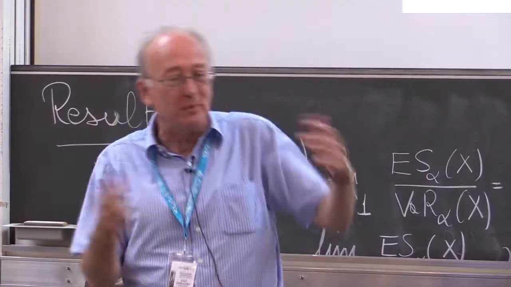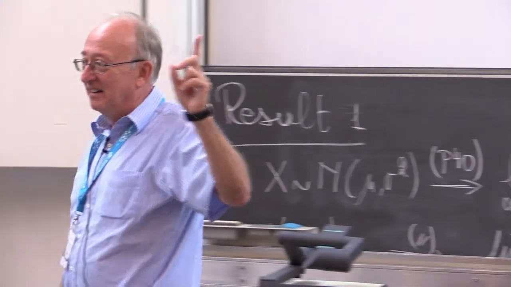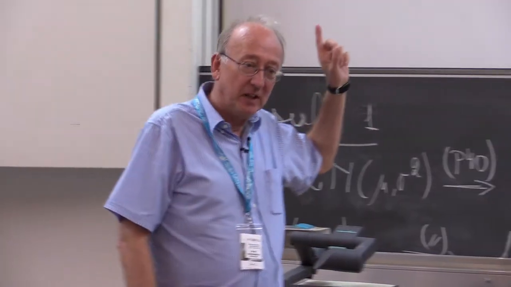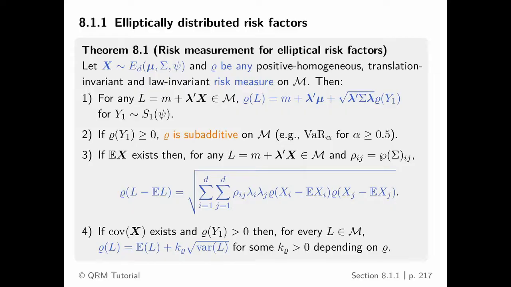So if you move away from the model in that sense, this is your benchmark result. You should benchmark your thinking on it, if you can understand that result. And more important, what's really behind these models, the nice world of ellipticality, which is still a big world, but it's very restrictive in many ways. A very general class of risk measures is a wonderful result. I stress it because from the beginning I think it was basically Alex and Daniel who came up with that result.